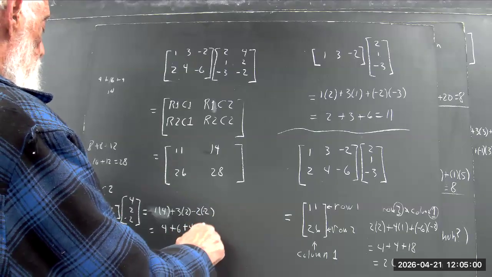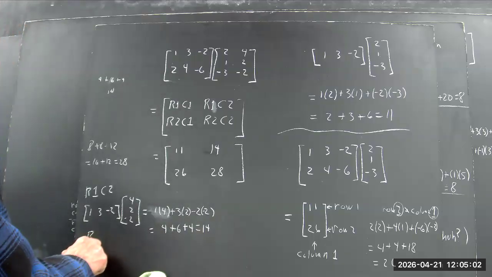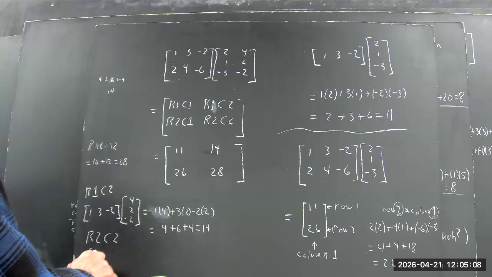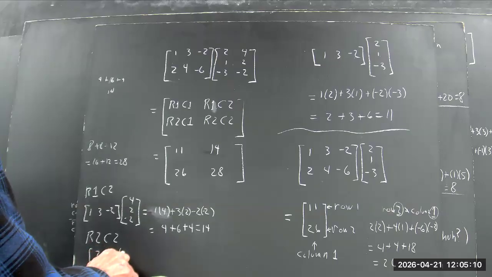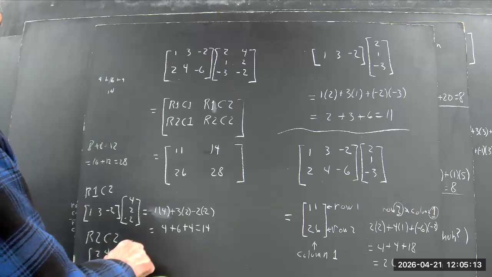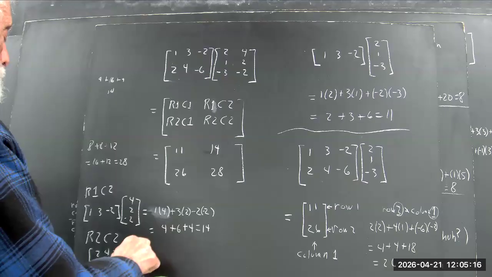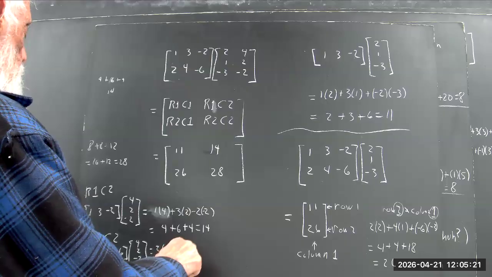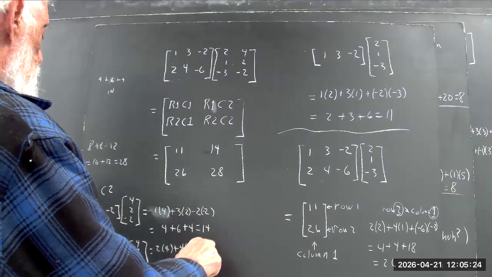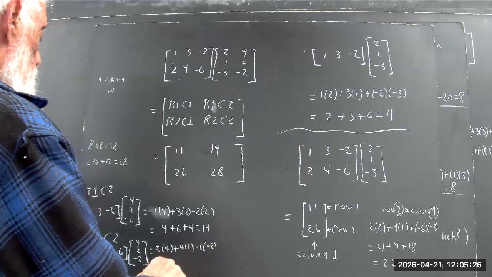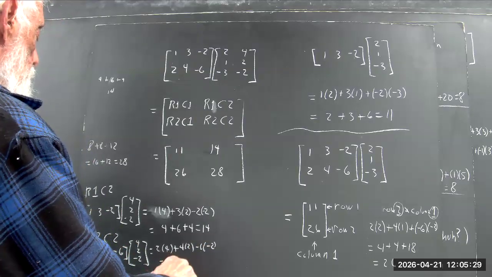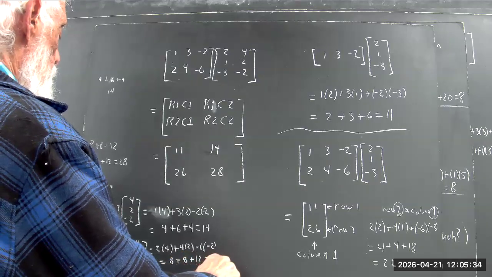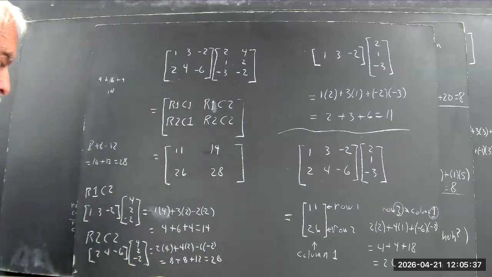And plus 4, which is 14. Row 2, column 2 would be 2, 4, negative 6, multiplied by 4, 2, negative 2, which equals 2 times 4, plus 4 times 2, minus 6 times negative 2, which equals 8 plus 8 plus 12, which I still think is 28.